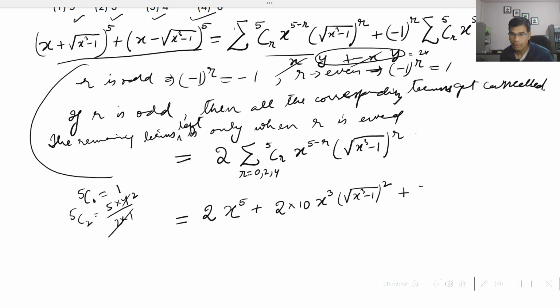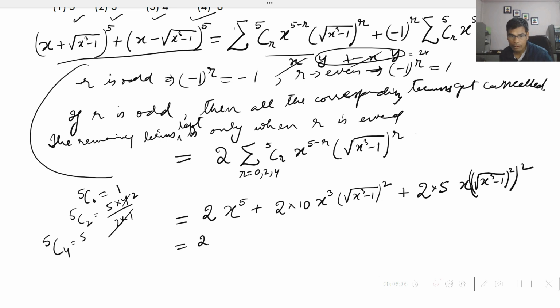And the last term is when r is equal to 4. So when r is equal to 4, 5C4 is equal to 5. And then we have x to the power 5 minus 4, which is 1. Then x cubed minus 1, this whole thing under root, then squared. Then I can write this whole thing again squared, because now we have r is equal to 4.